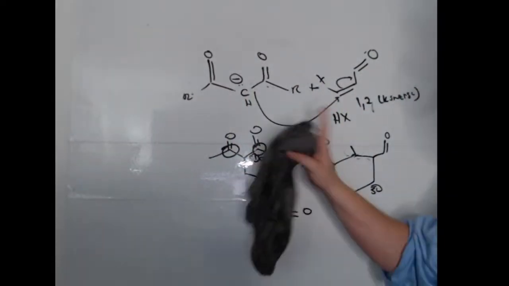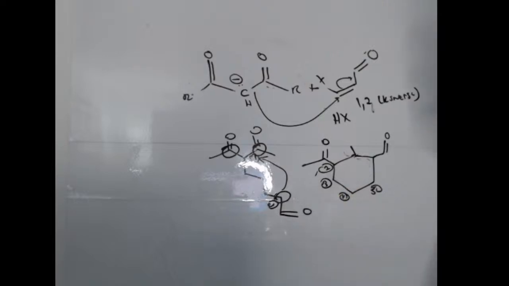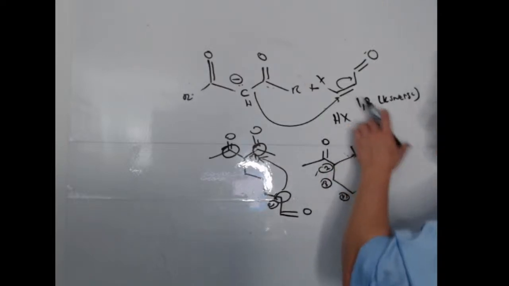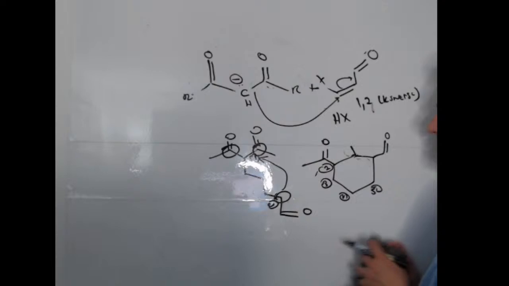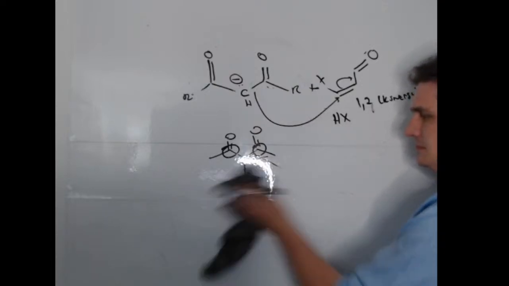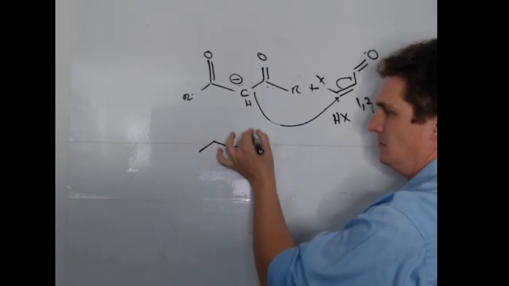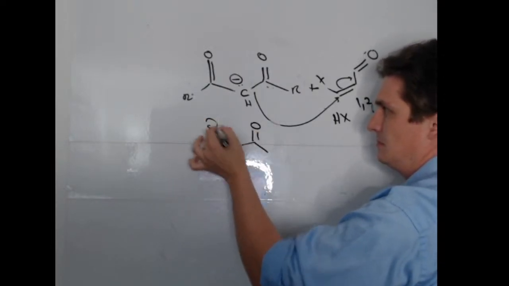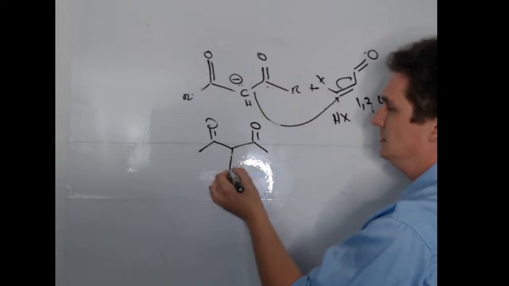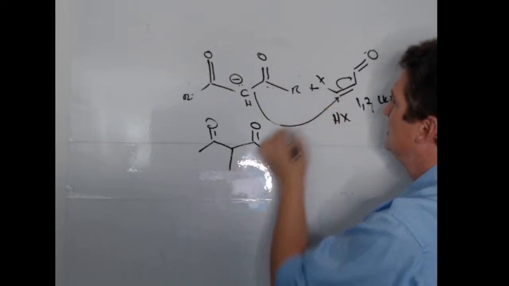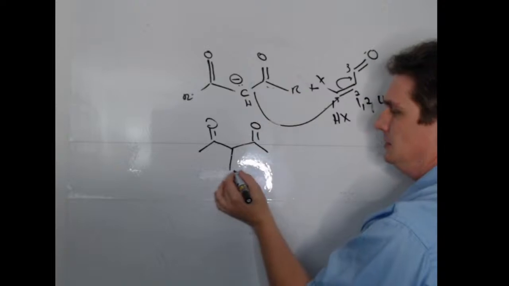Okay, so we do want to form a 6-membered ring. I do know that. So we get the Michael attack. Let's back up. One, two, three.